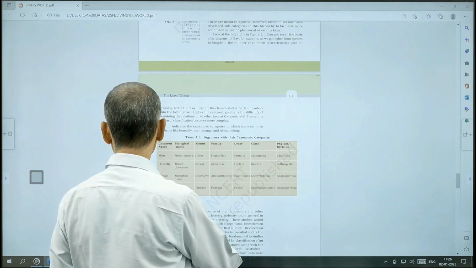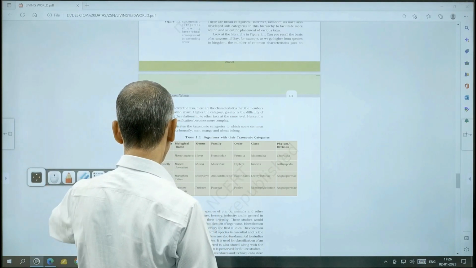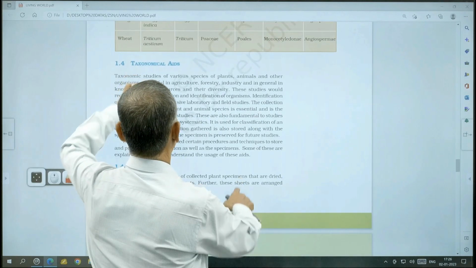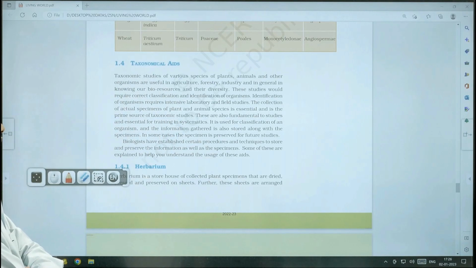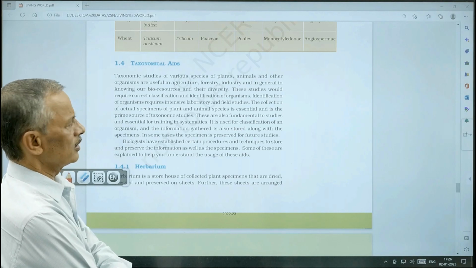So biologists have developed a number of techniques to store and preserve information as well as specimens. They help in learning taxonomy.